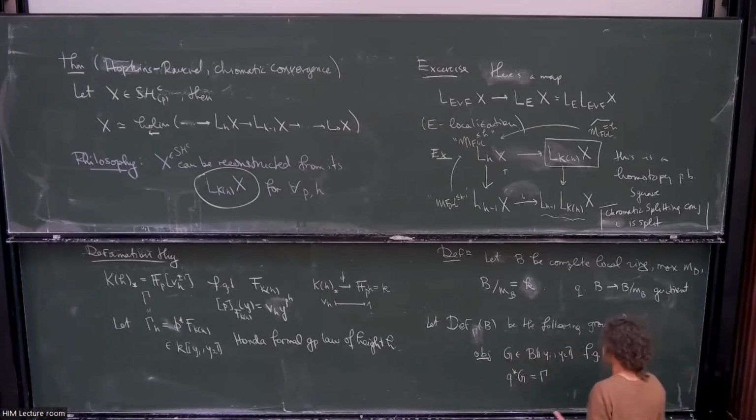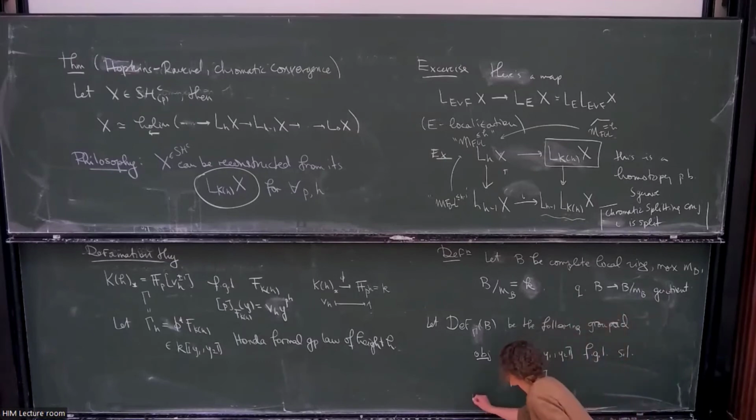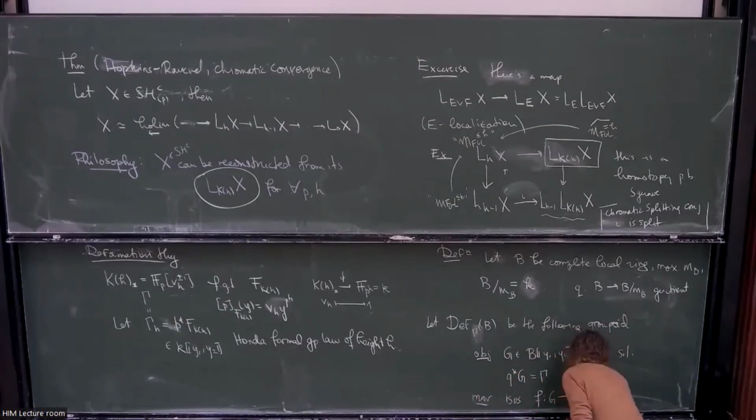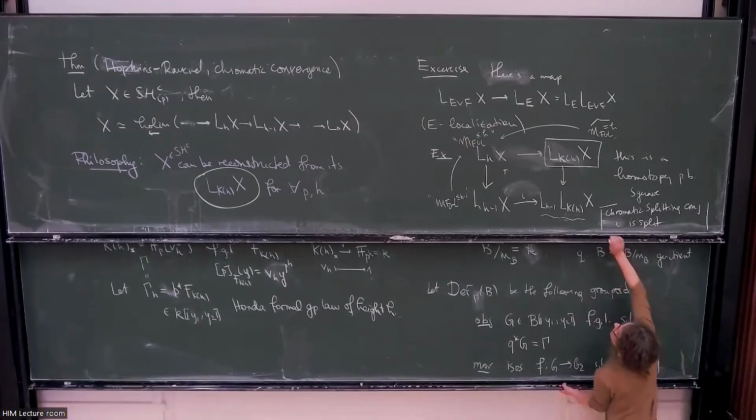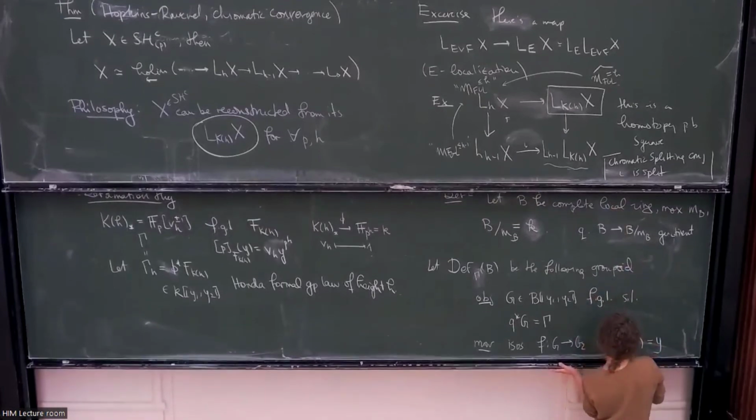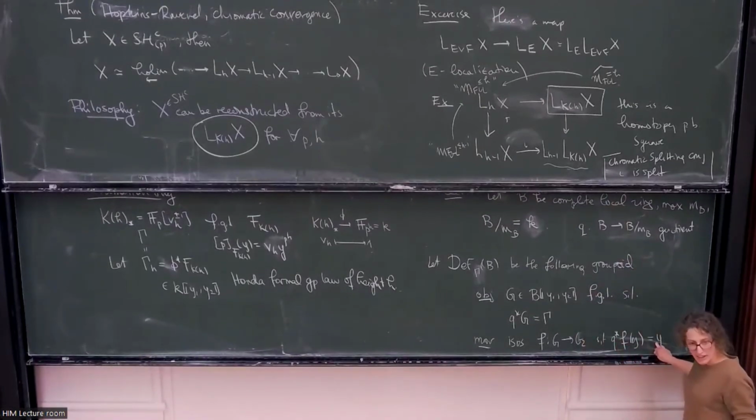Okay, so now that's called the deformation, and I haven't told you what the morphisms are. So the morphisms, it turns out, are just going to be isomorphisms. I'll write that and I'll stop. The morphisms are going to be isomorphisms F from G1 to G2 such that if I apply Q, if I reduce the coefficients modulo the maximal ideal, I just get the identity.